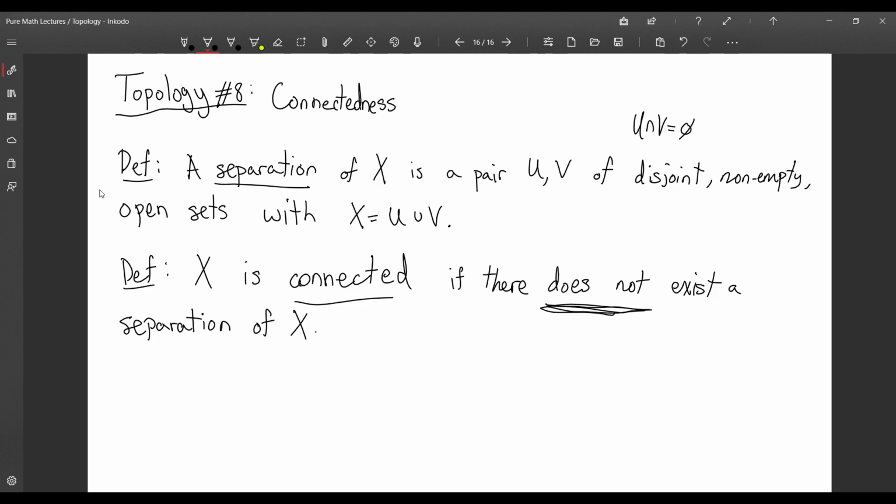You're defining something by saying that our property is that something doesn't exist.